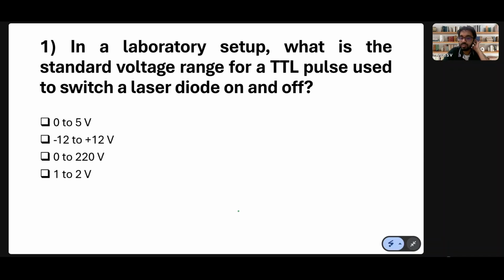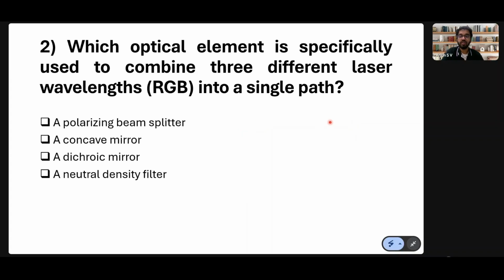The range that fits is 0 to 5, so the correct answer is 0 to 5 volts. It's a straightforward question.